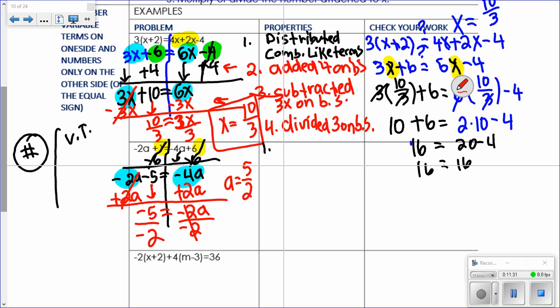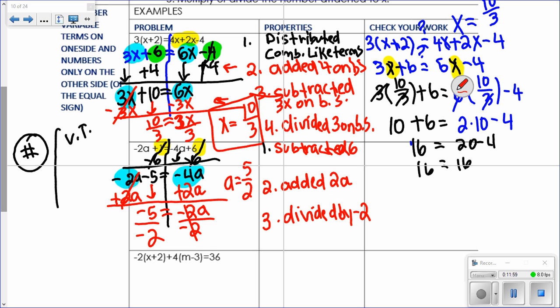So we're going to go look at the steps that I did. For step 1, I subtracted 6 on both sides. For step 2, I added 2a on both sides. And for step 3, I divided by negative 2.